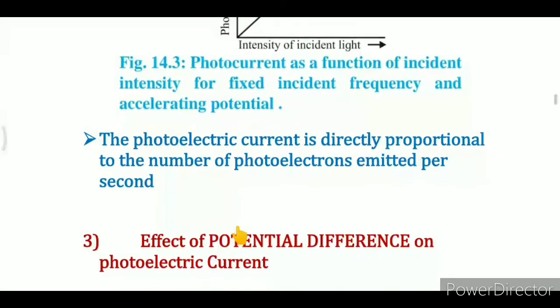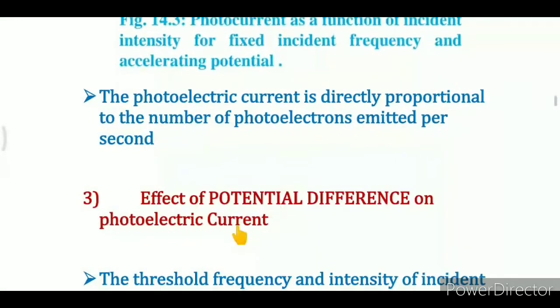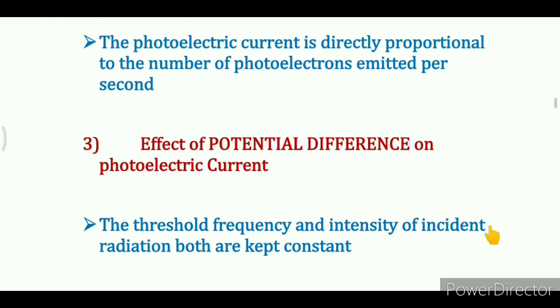Then next, we discussed the effect of potential difference on the photoelectric current, when the collector plate is maintained at a positive potential.